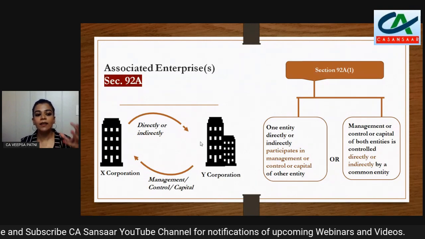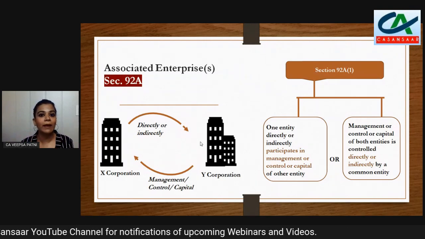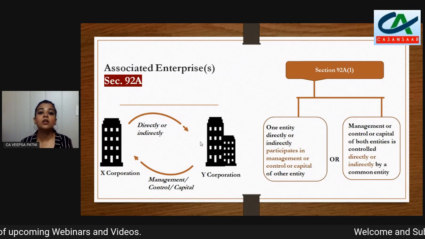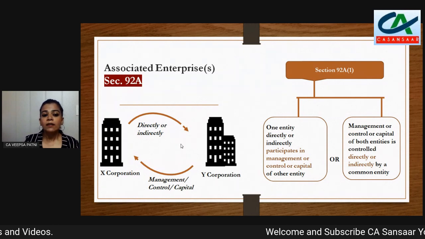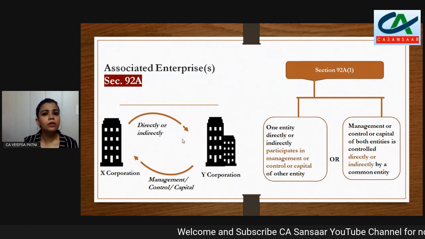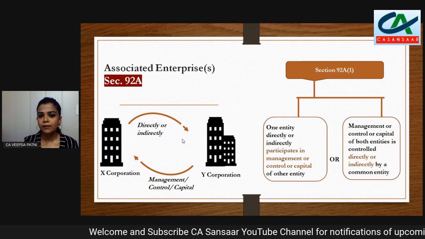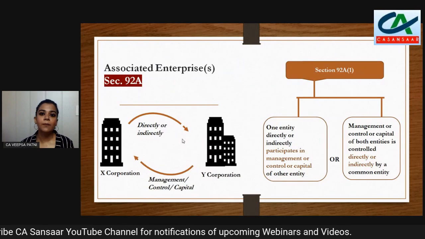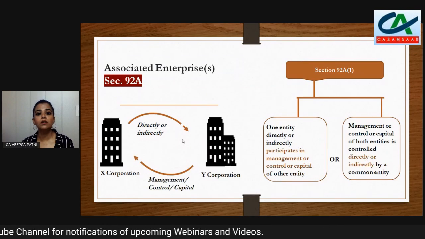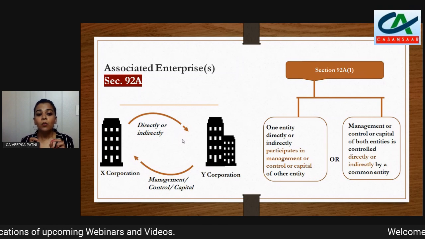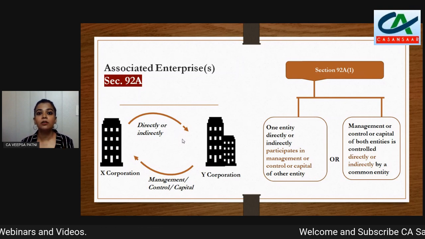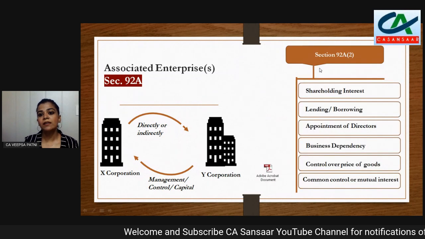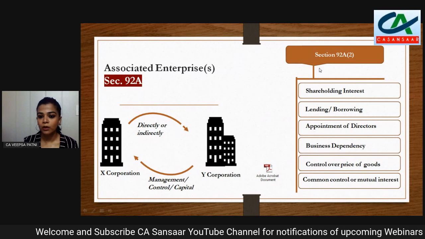I hope we all are clear on 92A1. It just says that one corporation having management, control or capital in another corporation is very important for those two enterprises to be associated. Now, how do you define management? How do you define control? How do you define capital? It's abstract. I can define management in one way, you can define control in another way. What exactly constitutes control or management or capital is talked about in section 92A2.